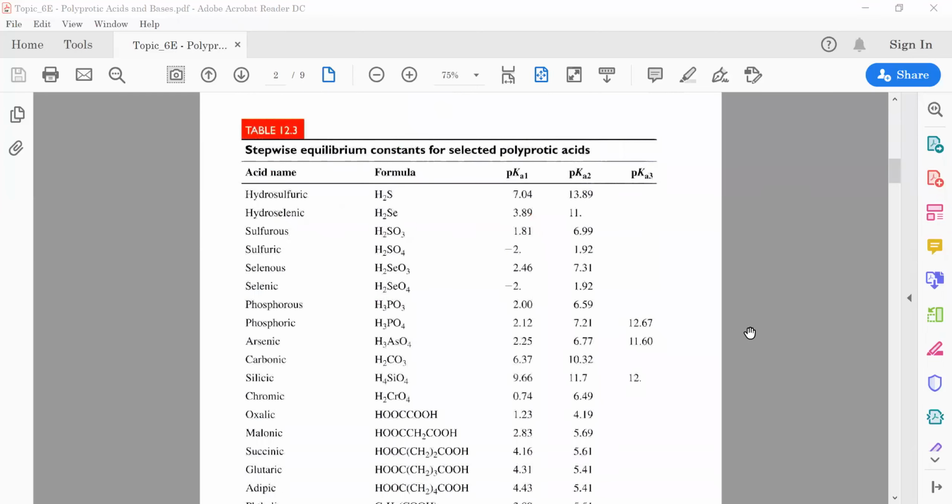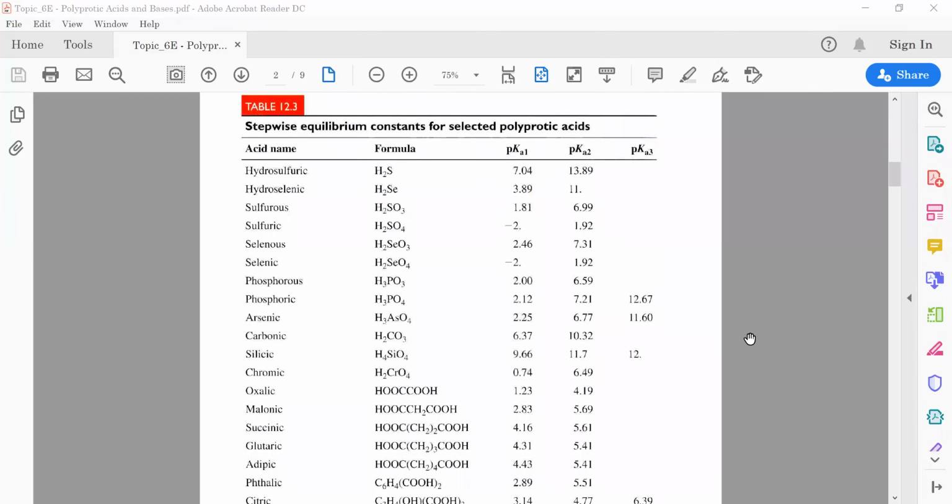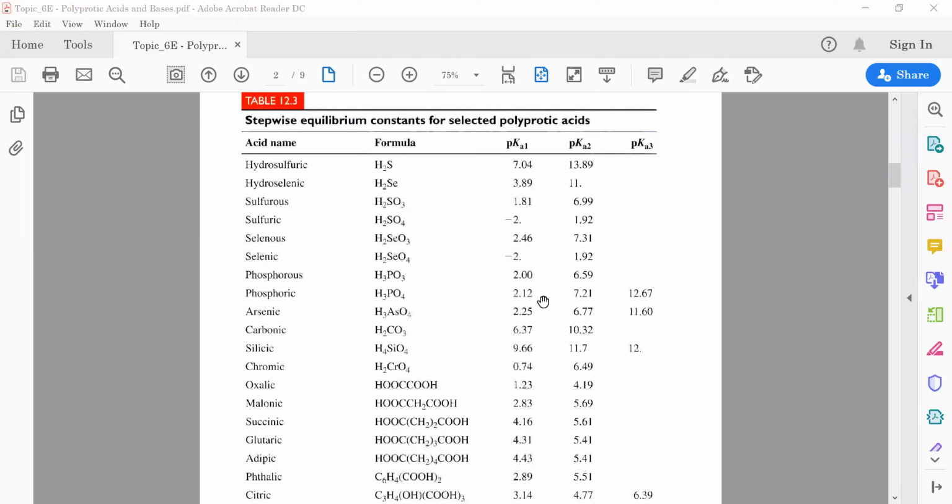And so what's shown here, and your book has a similar table of several polyprotic acids, all of these are referred to as stepwise equilibrium constants because, as I said, a polyprotic acid doesn't donate all of its protons at once. Each one goes through a succession of steps where it forms its conjugate base, which can then act as another weak acid.